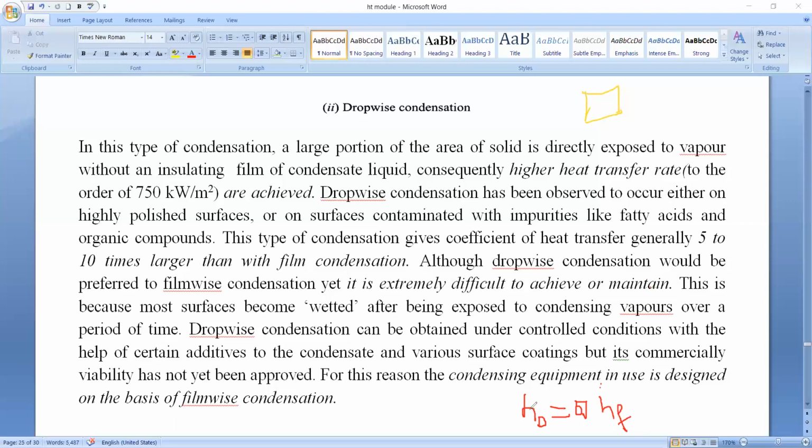Remember, students, in dropwise condensation, the heat transfer coefficient is 5 to 10 times more than that of film-wise condensation.